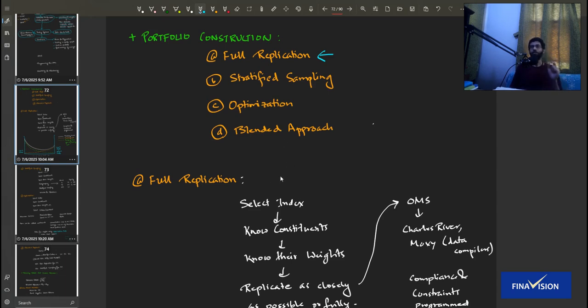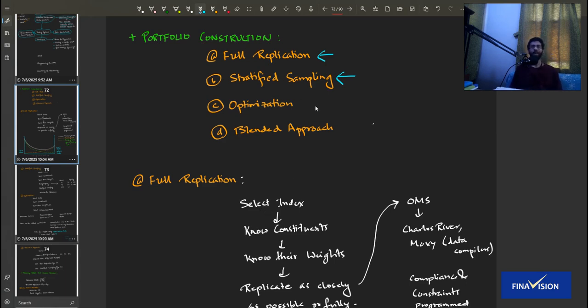Because of that, stratified sampling can be done, which means based on sectors, sizes, or fundamentals, different segments or sectors can be created, and from each of those segments certain representative stocks can be selected to comprise the portfolio. That kind of process is called stratified sampling.